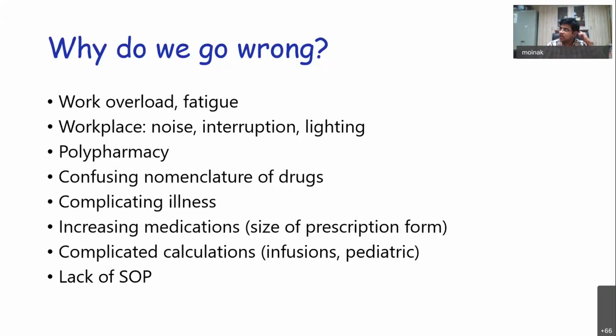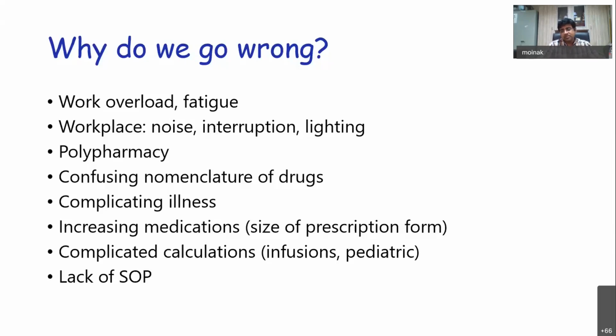Cipzox is a drug that contains a centrally acting muscle relaxant, and it contains diclofenac and one more thing. I can't remember exactly what. Now, if you write Cipzox, somebody might give you Ciplox. So Ciplox is ciprofloxacin. So there may be a confusing nomenclature of the same.